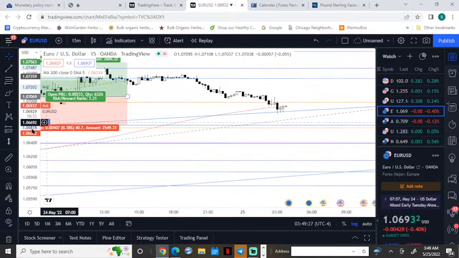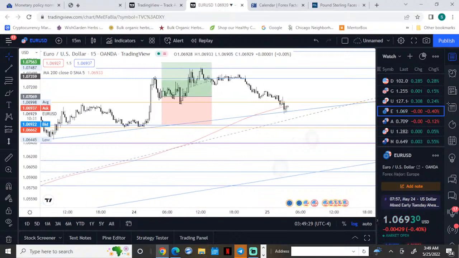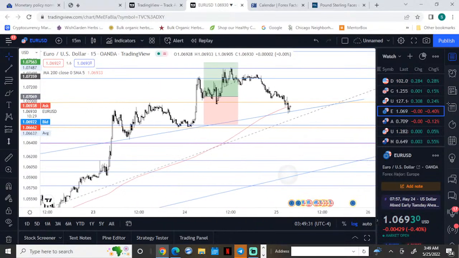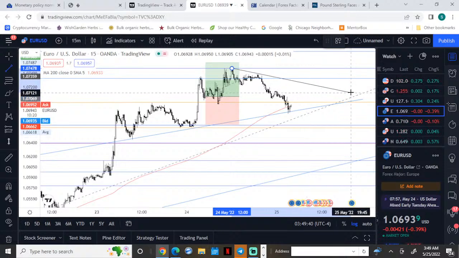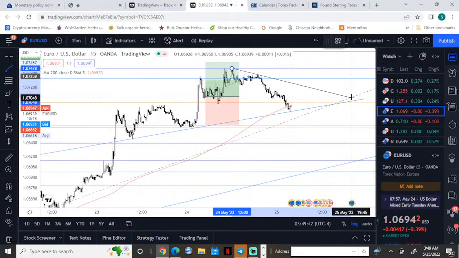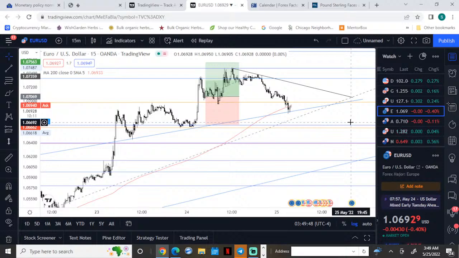What I would look for to get to enter this trade, let's see. Do I see a trend line here? Yes. I will mark this 15-minute trend line.